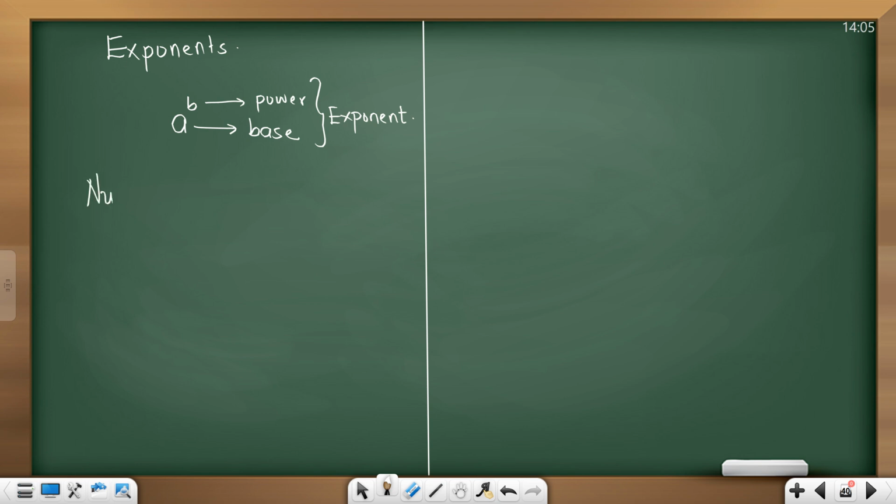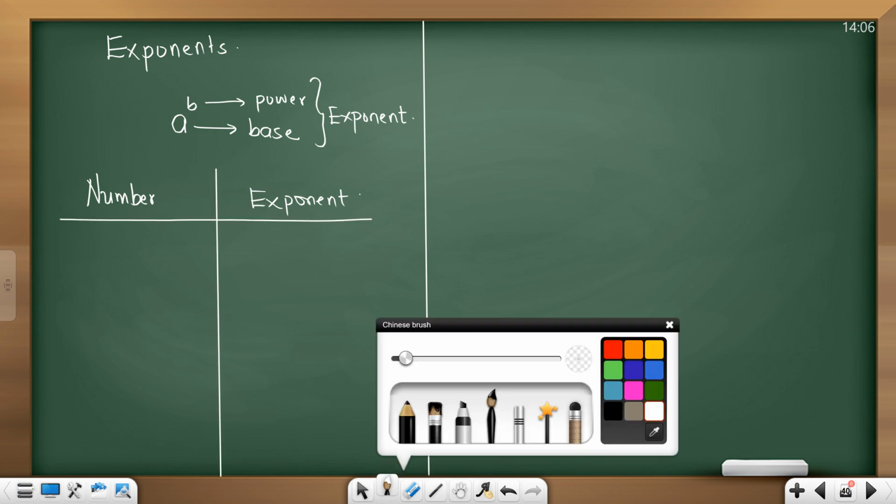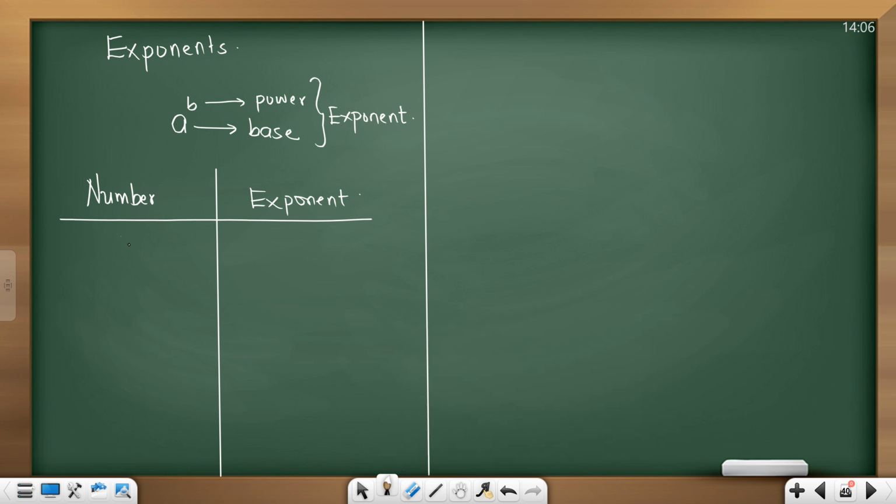If I have a number here, can I write that number as an exponent? This is going to be very, very important for us. So for example, if I have a 1, can I write 1 as an exponent? Yes, there's a general rule that any number to the power of 0 is 1.